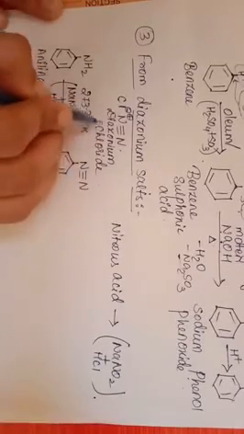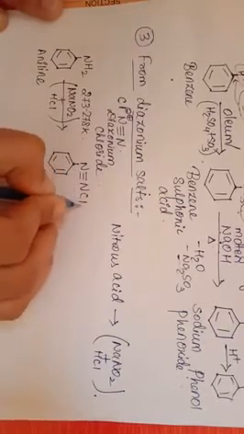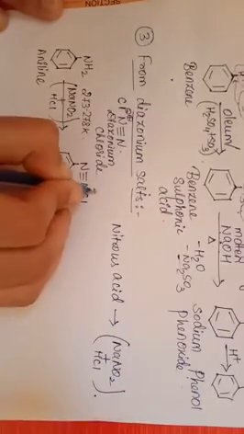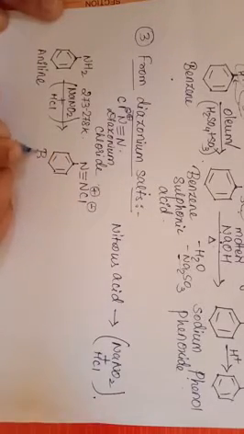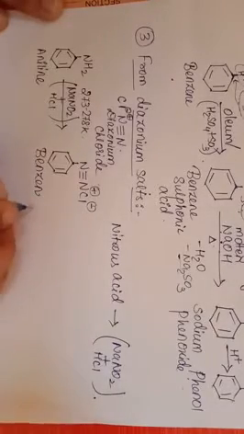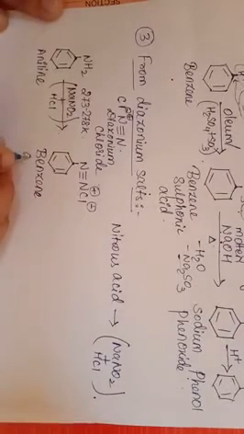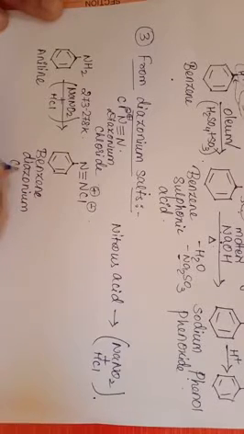We have seen here diazonium chloride means N triple bond N with chlorine. This is our positive part, this is our negative part. This is benzene diazonium chloride.